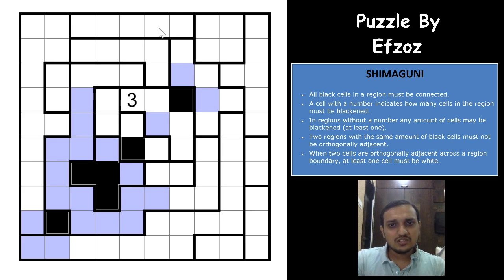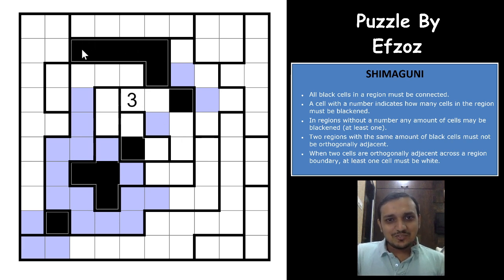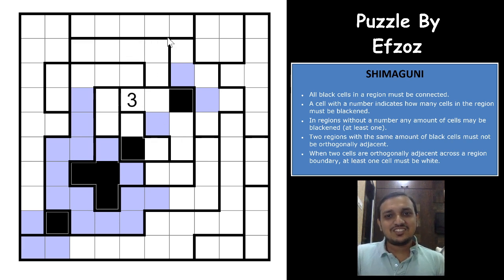Either one of these cells, and one in these two, one in these two, one in these two, and one in these two, which means that a combined of 5 shaded cells are only possible, not more than 5, not less than 5, which means that one region will have 2 shaded cells and one region will have 3 shaded cells. Excellent logic. And which means that this region which already has 3 shaded cells, this region would have to have 2 shaded cells, and this region will have 3 shaded cells.